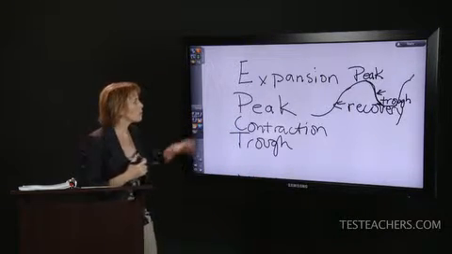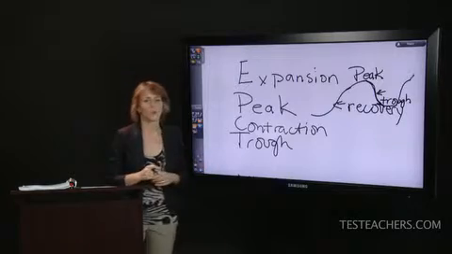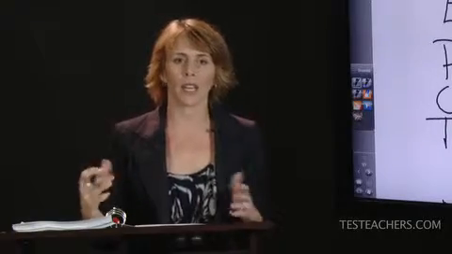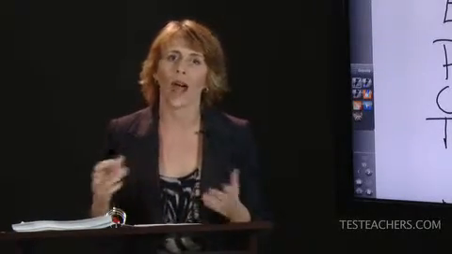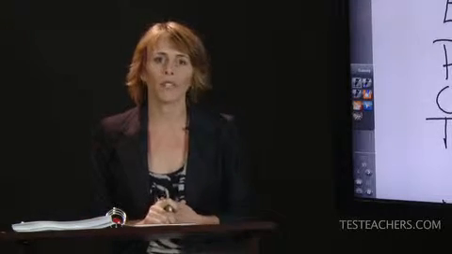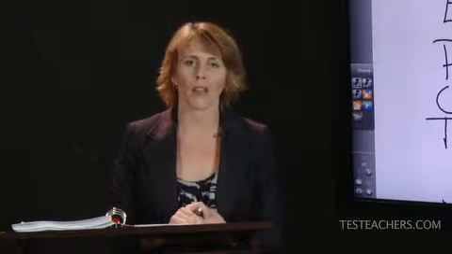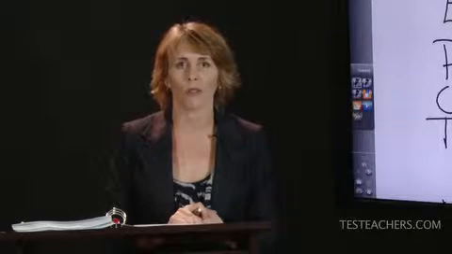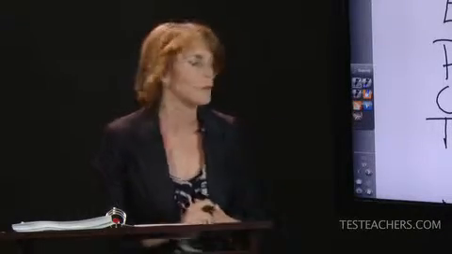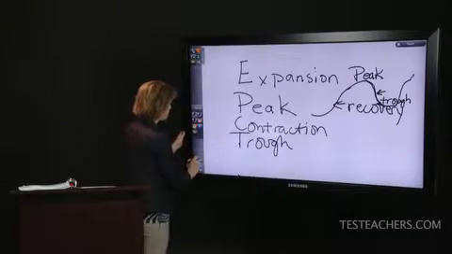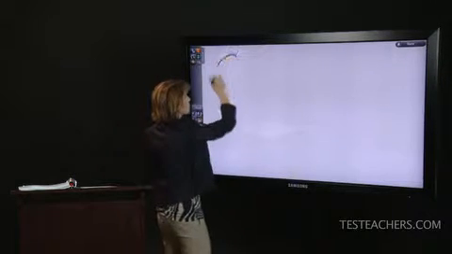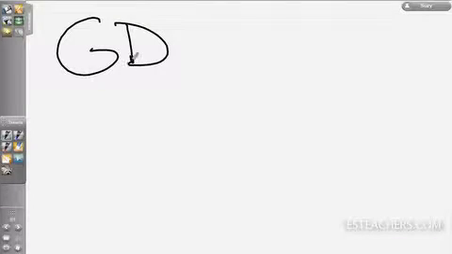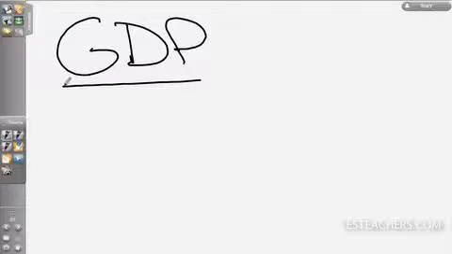So how do we determine where we are within these 4 phases of the business cycle? There's different economic indicators that they look at on the macroeconomic level. So one of the topics that they will ask you about on your exam is the concept of what is called gross domestic product. GDP.